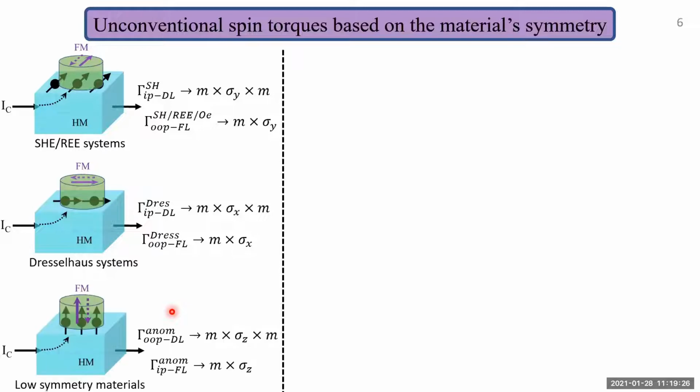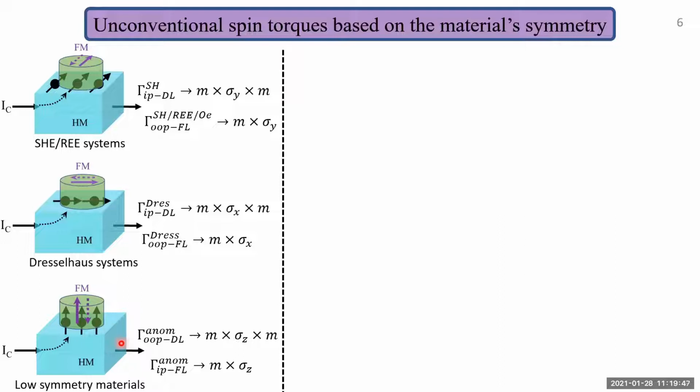Now, a third type of spin current generation is possible, which is strictly allowed in low symmetry materials, where out of plane spins are created from in-plane charge current. And these out of plane spins again can create out of plane anti-damping torque or in-plane field-like torques. So this is very interesting.